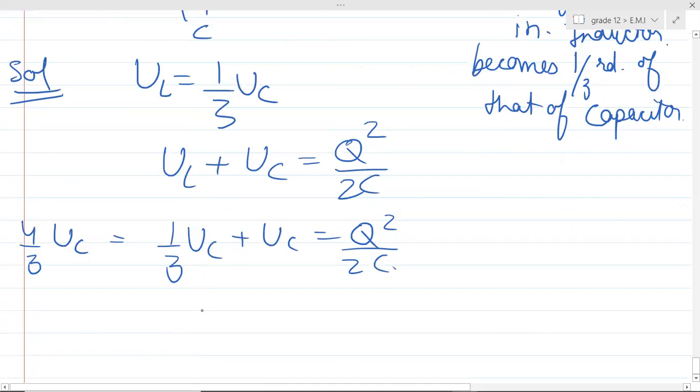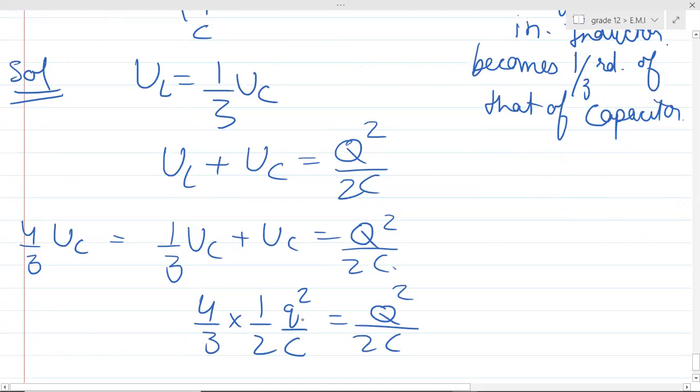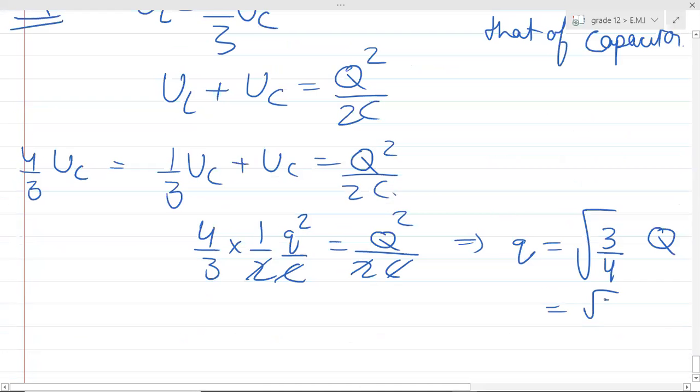And from here, can I write 4/3 times half small q square by C is equal to Q square by 2C? Here small q is the general charge at that instant, right? So this 2C and 2C will get cancelled, and from here small q will be under root of 3 by 4 times Q, or I can write it as root 3 by 2 times Q.